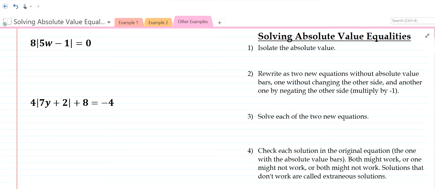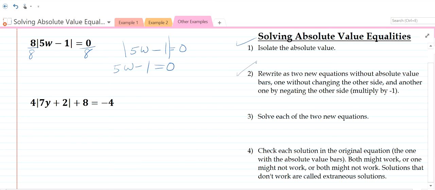Now let's go over a couple of things that are a little bit different. Here we're going to isolate the absolute value. So we get absolute value of 5w minus 1 equals 0. And when you rewrite it, you're only going to have one equation, because negative 0 or positive 0, they're both 0.